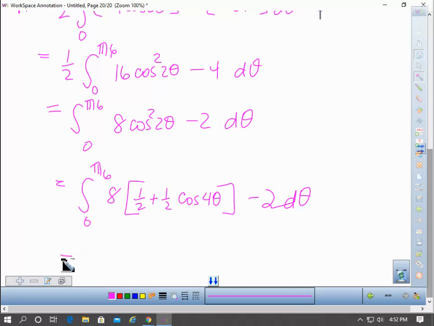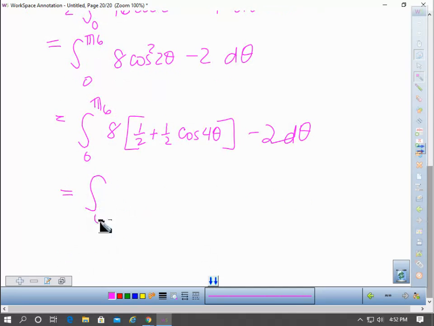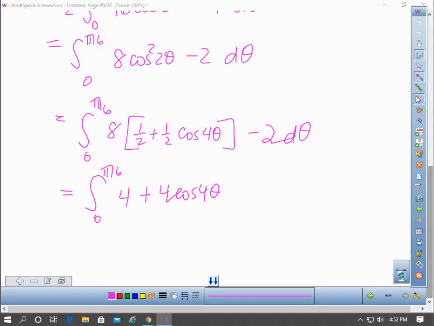All right, so now we're going to end up with 0 to pi over 6, multiply through by 8. We're going to have 4 plus 4 cosine 4 theta, which is going to be nice, then minus 2. D theta. So now we're ready to do our antiderivative.